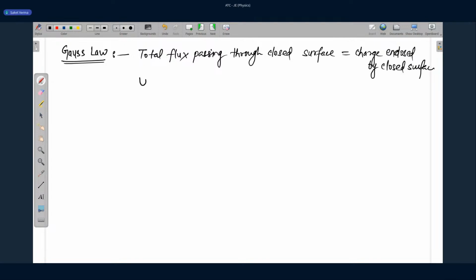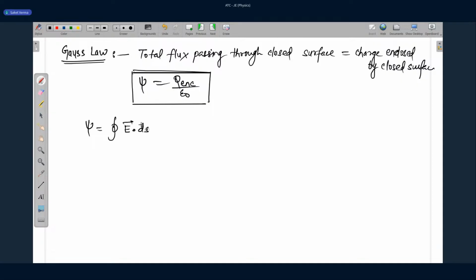That means the flux is phi, and it equals the charge enclosed, Q enclosed, divided by epsilon naught. Because in 10 plus 2 level we write it in this form. Now how do you calculate the flux? Flux is the integration over the closed surface of E dot ds, charge enclosed.